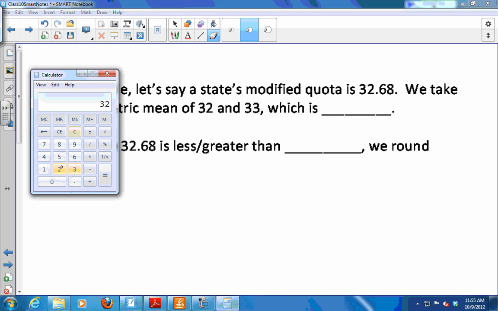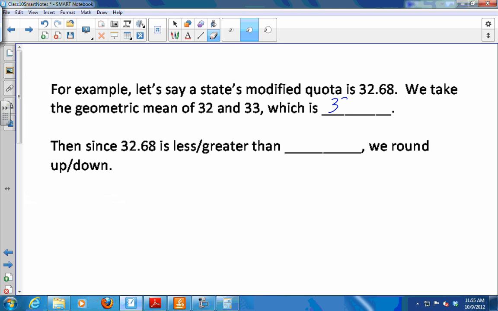So take the geometric mean, 32 times 33, square root, and we get 32.496. Okay? Then is 32.68 less or greater than 32.496? It's greater than. So we round up. If you're above the geometric mean, round up. If you're below it, round down.